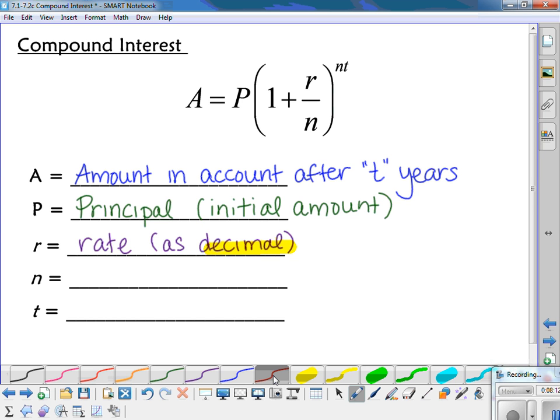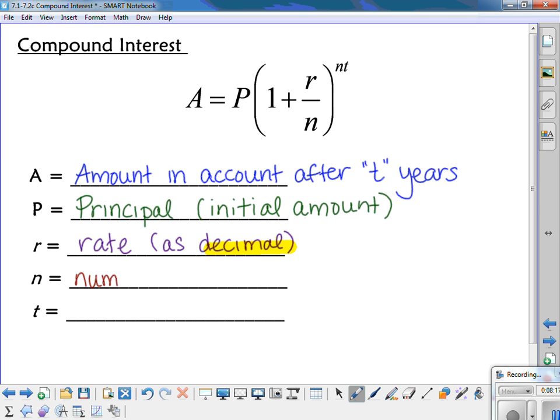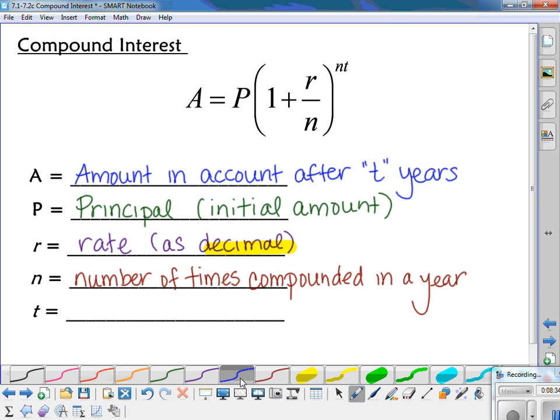And so what's new here is N for the number of times it's compounded in a year. And then finally, T is the time in years.